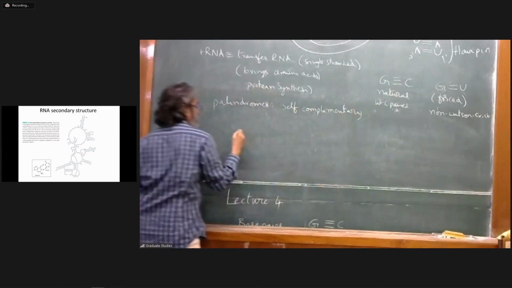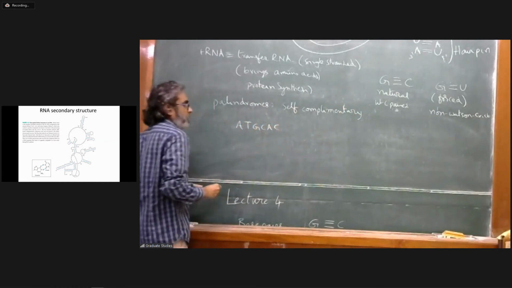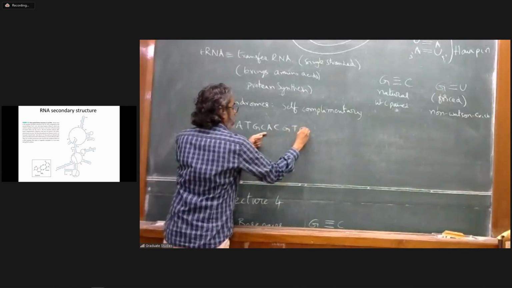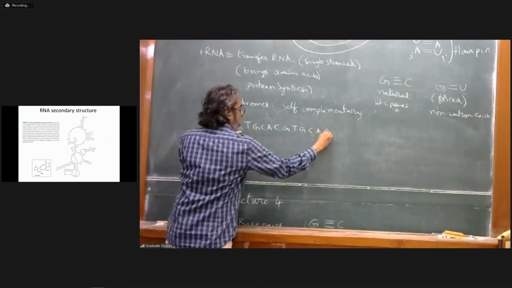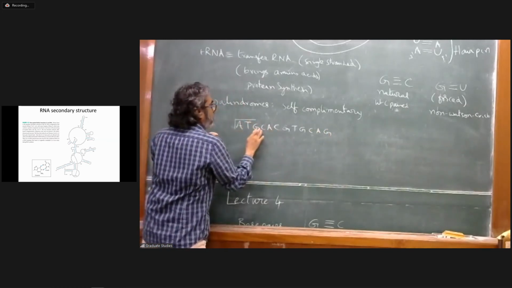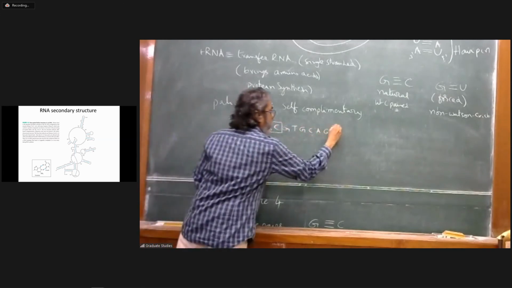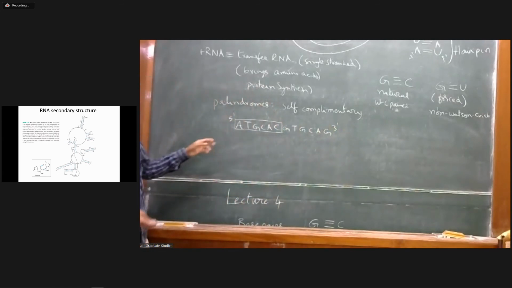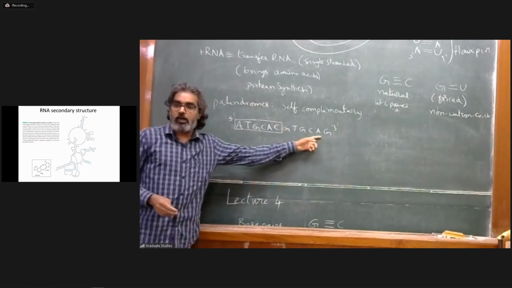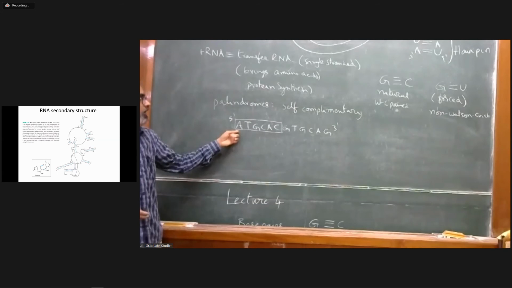For example, let's say A, T, G, C, C. Then this strand will have G, T, G, C, A, G. If you see this DNA sequence, A, T, G, C, A, C, the second half is exactly complementary to the first.